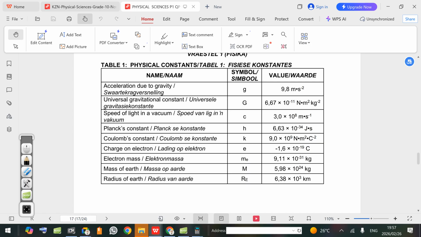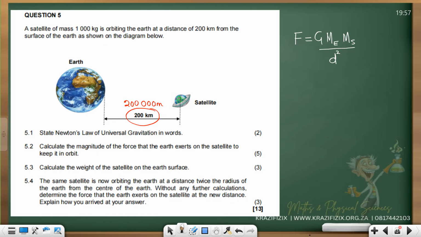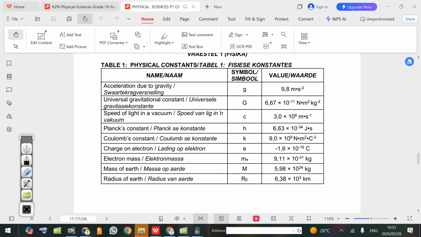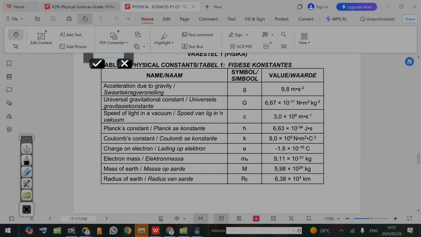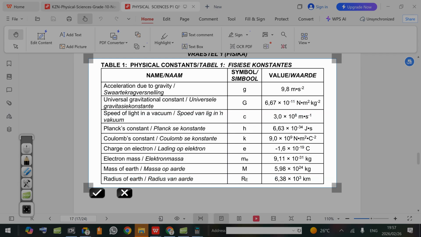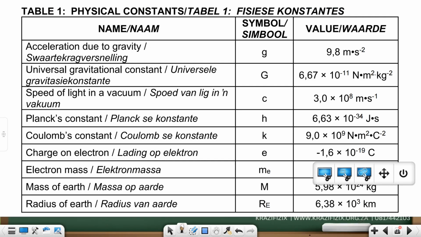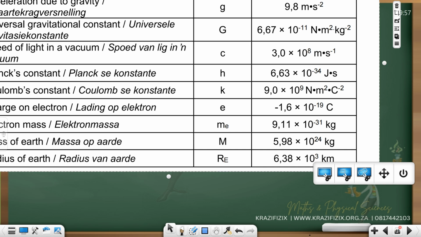Universal gravitation, 6,67. Now, if you go down, you would see the mass of the Earth. Let me screenshot this for us so that we can work with it. I'll also show you where to get that formula from. You don't need to cram it. Look at that. There are certain things I need in this question. Why is my board lagging? All right.